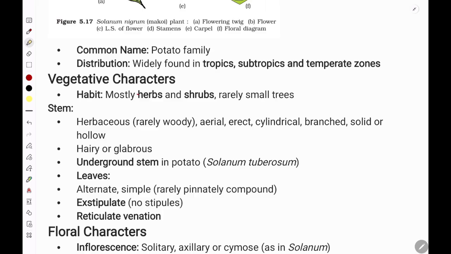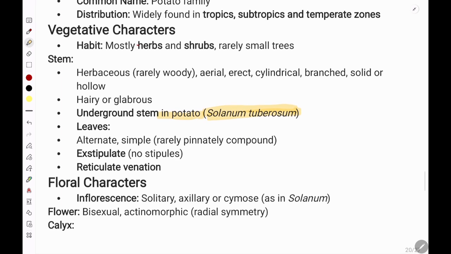They have aerial, erect, cylindrical branches, solid or hollow, hairy or glabrous. They have an underground stem in potato, also known as Solanum tuberosum.